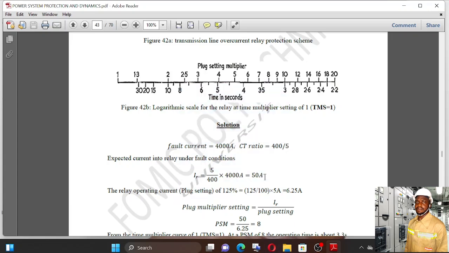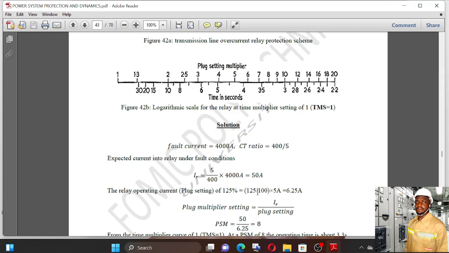But now the relay was specified as a 5 ampere relay, and we have been given a plug setting of 125%. That is considered a plug setting of 125% of that 5 ampere relay, which is 1.25 times 5.